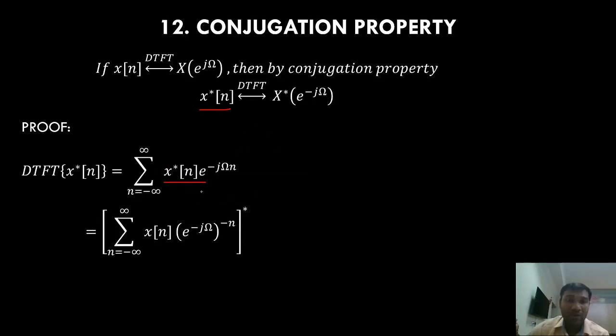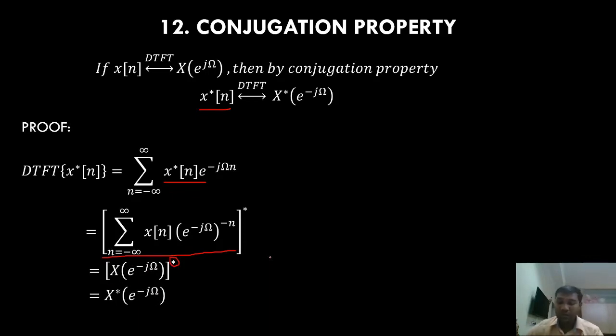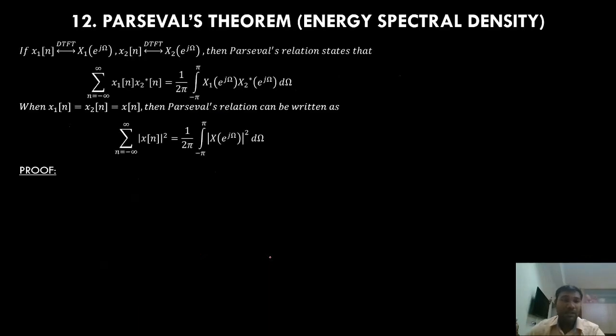In that process, this becomes plus here, right? So this whole thing is nothing but x of e power minus j omega, and I have a whole conjugate. So the final answer is x conjugate of e power minus j omega.